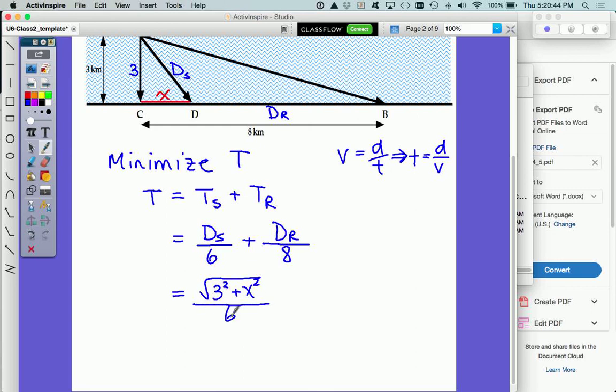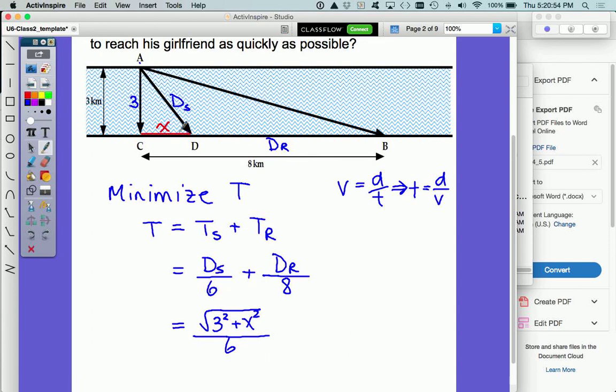The problem is now I've got a new variable x, and I've got my original variable dr, and so I've still got two unknowns. But now we can see what we're going to do up here, I think. Because if this distance from C to D is x, and the distance from C to B is 8, then clearly this distance must be 8 minus x.